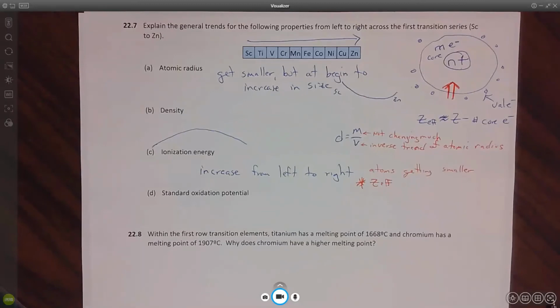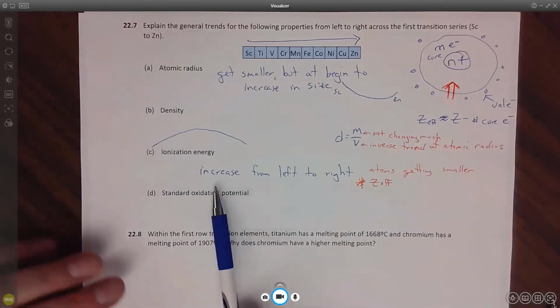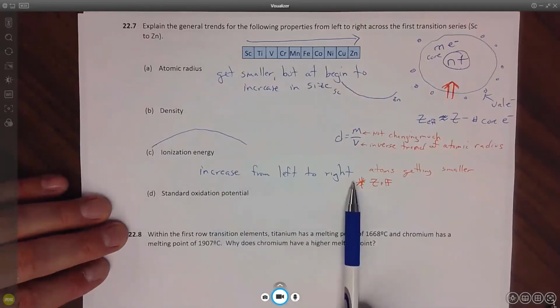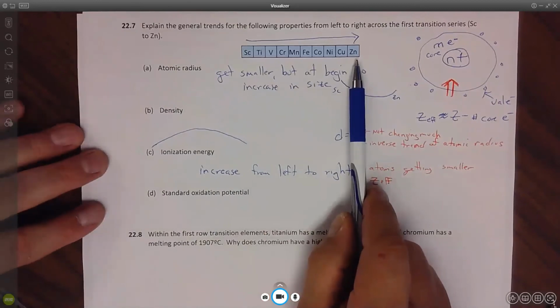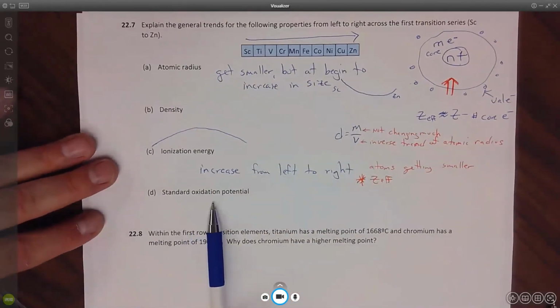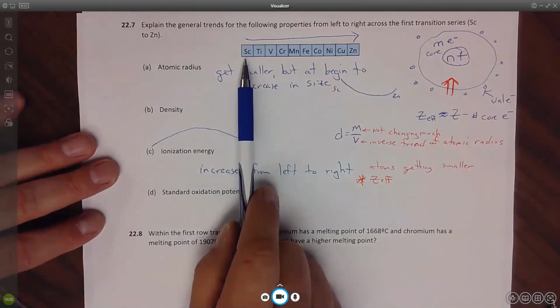Jada, what do you think? I was gonna say zinc, but well, no, right? If the ionization energy increases, it gets harder and harder to remove electrons. The oxidation potential is how easy it is to remove. So the easiest is going to be scandium. The hardest would be zinc.